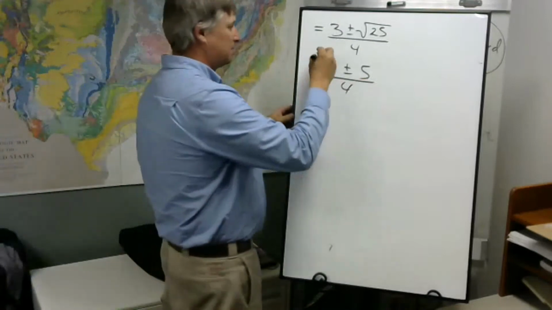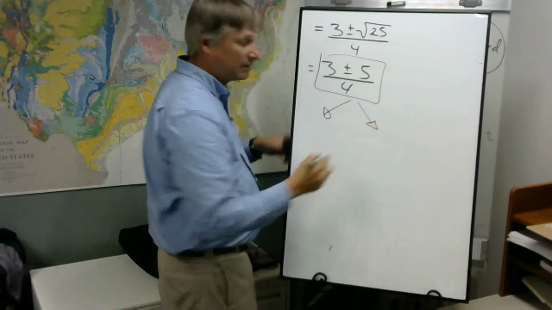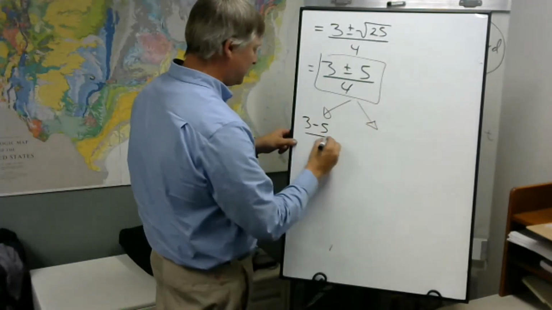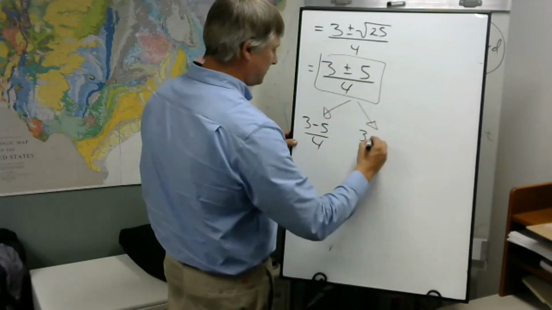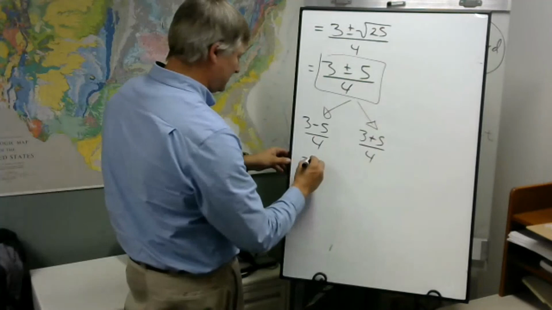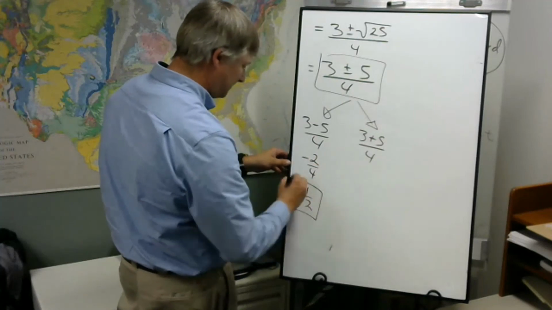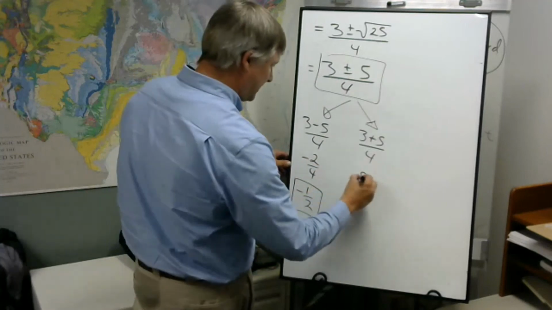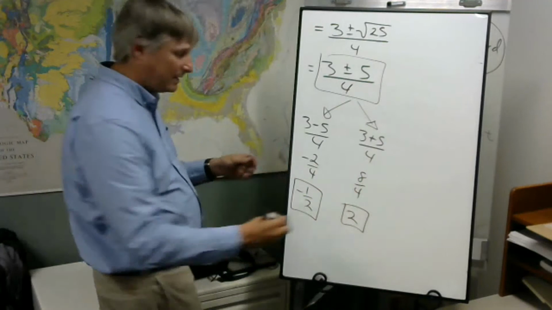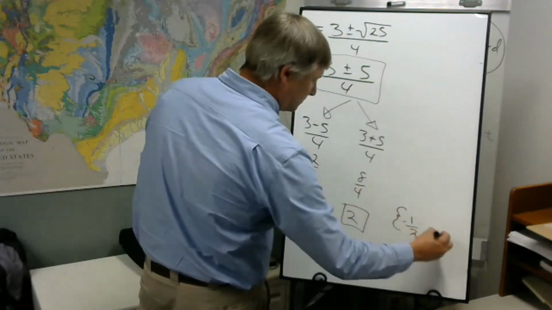Again, this could be our answer. But we want to break it up into minus version and plus version. So we have 3 minus 5 over 4, 3 plus 5 over 4. This over here, negative 2 over 4, or negative 1/2. And over here, we'll have 8 over 4, or 2. So our answer as a set is minus 1/2, 2.